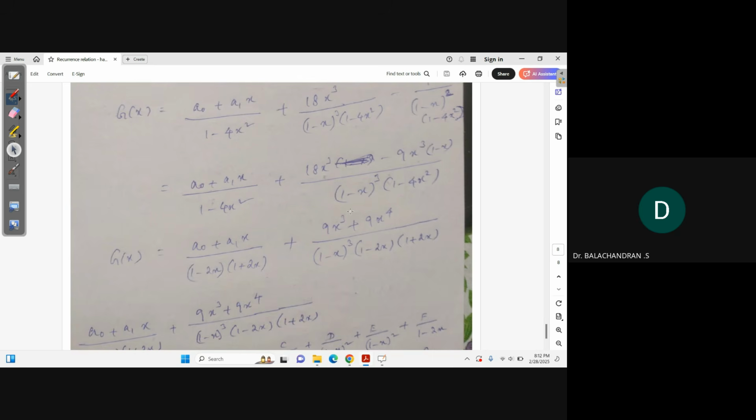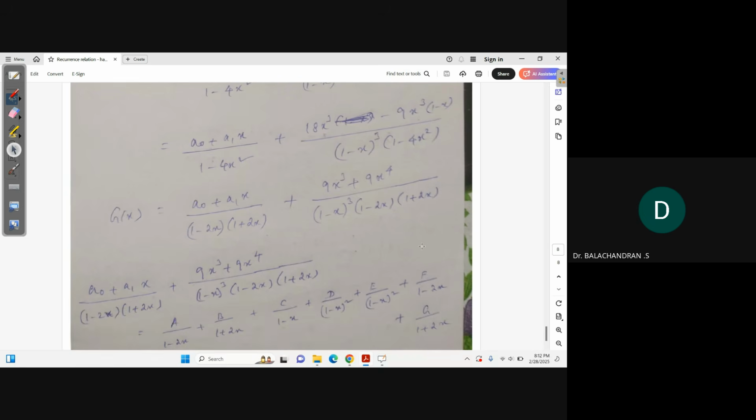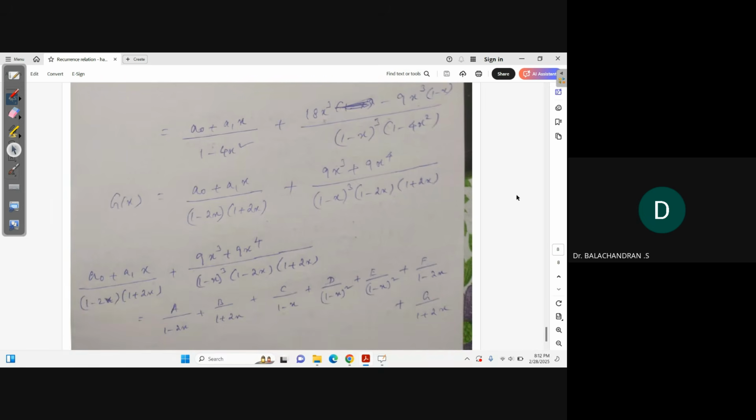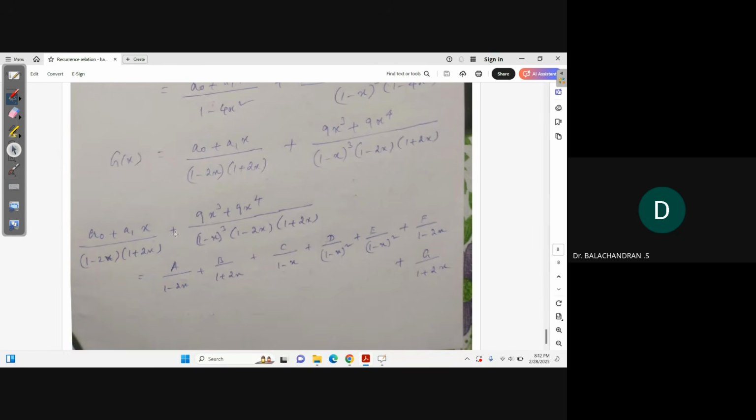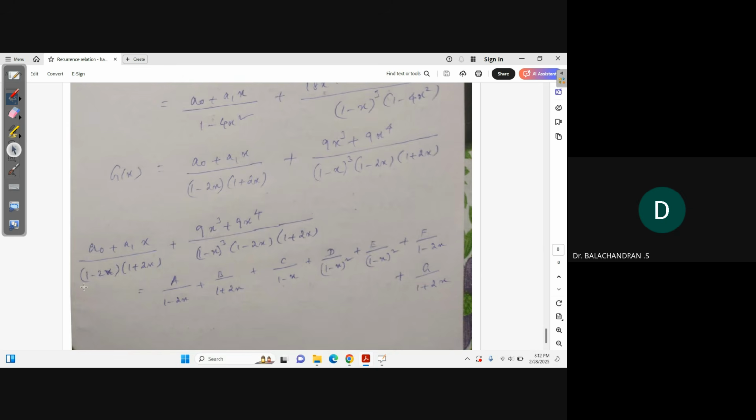The denominator I will write here: 1 minus 2x into 1 plus 2x, here 1 minus x whole cube into 1 minus 2x into 1 plus 2x. Now this is g of x. I'll take the right hand side, that is equal to, instead of this I'll write what?